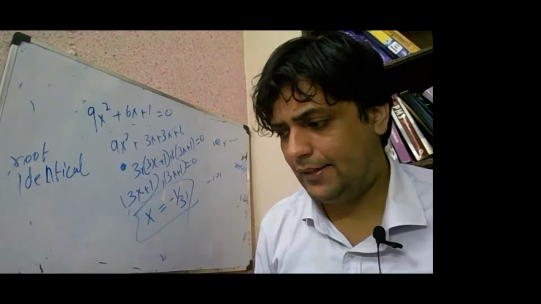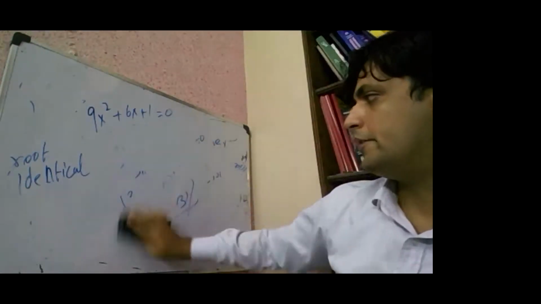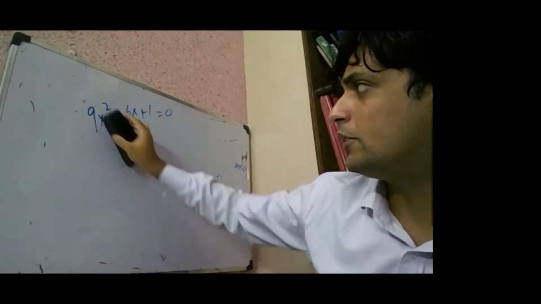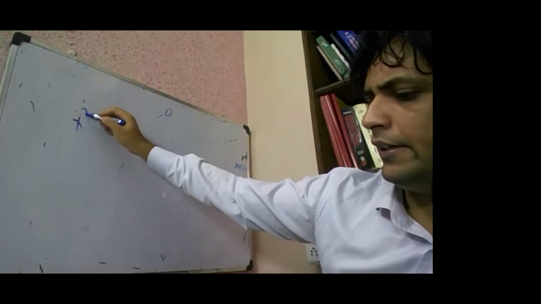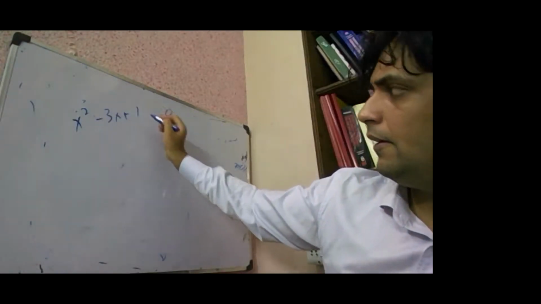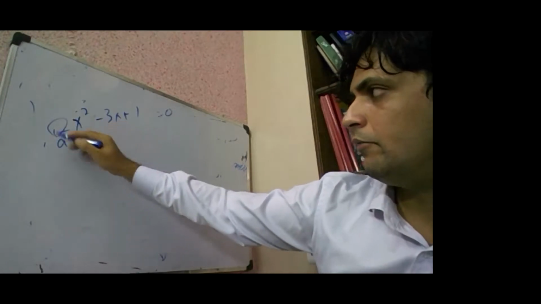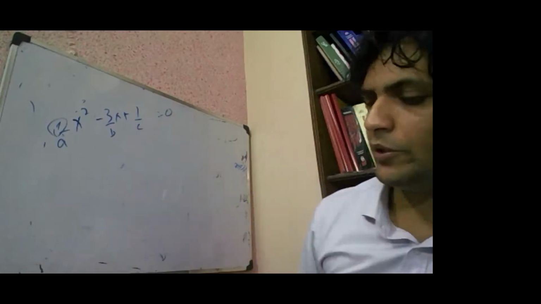Then we have a third kind of quadratic function where it is not simple to define. In that case, we can have an example. Here there is no coefficient, but we can call it a, which is 1, b, which is 3, and c, which is 1 again.